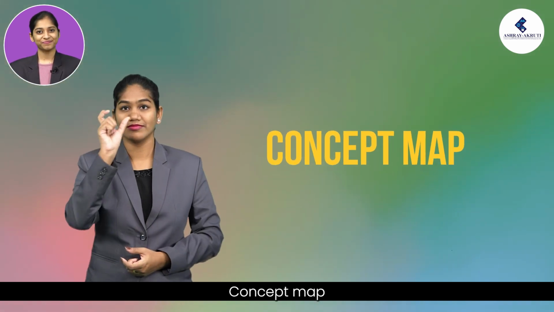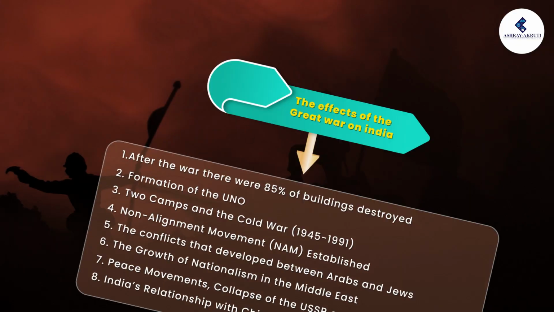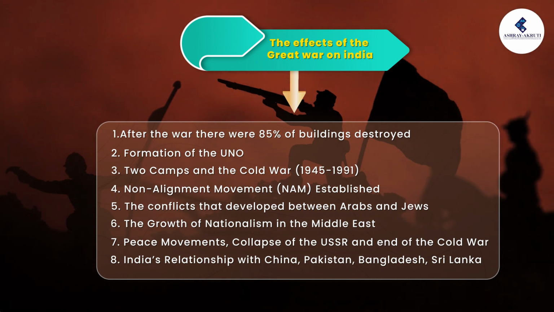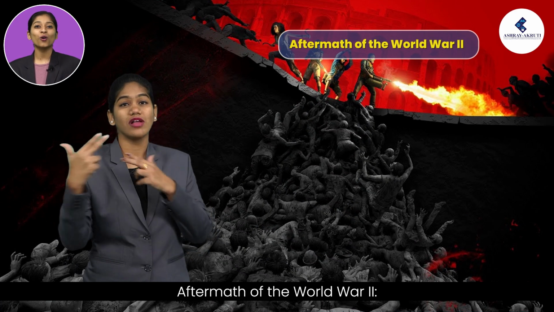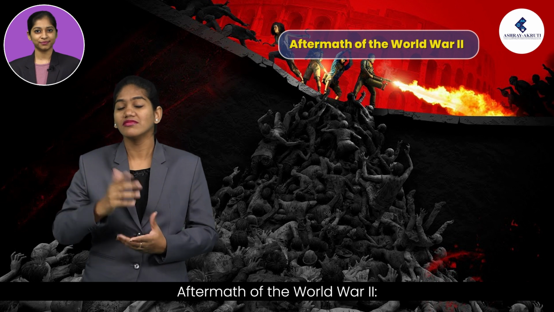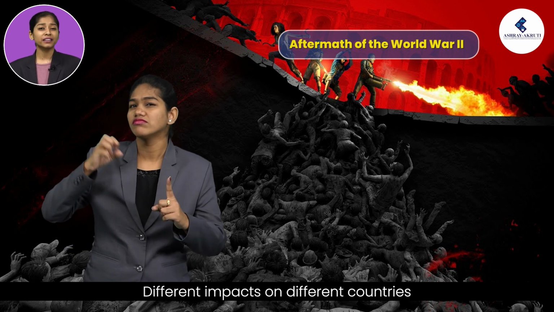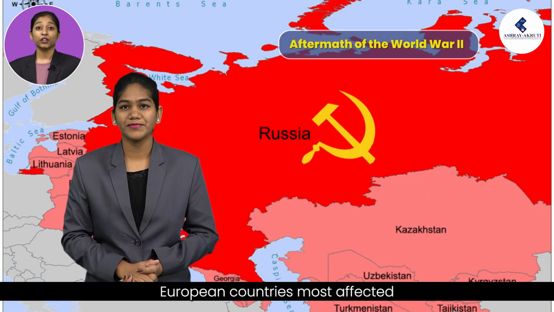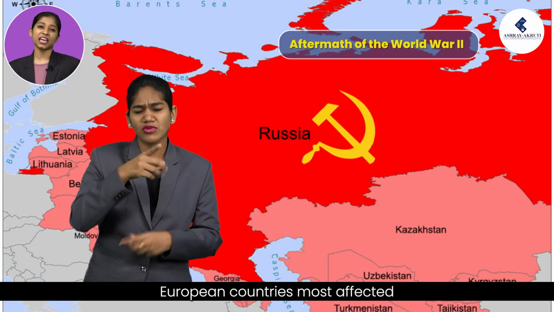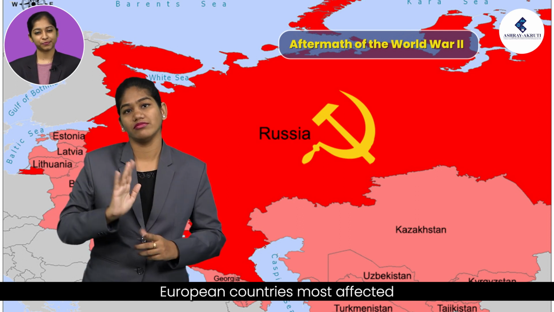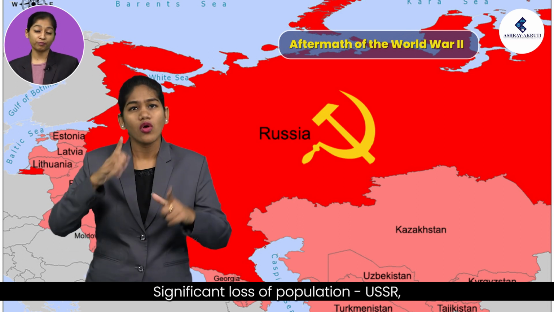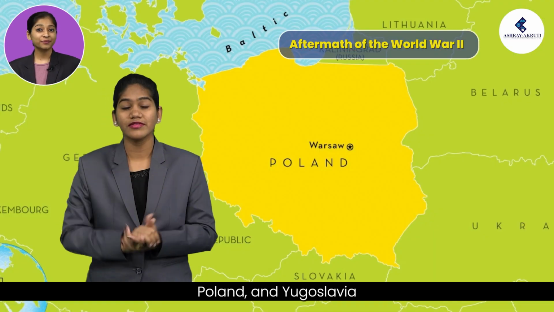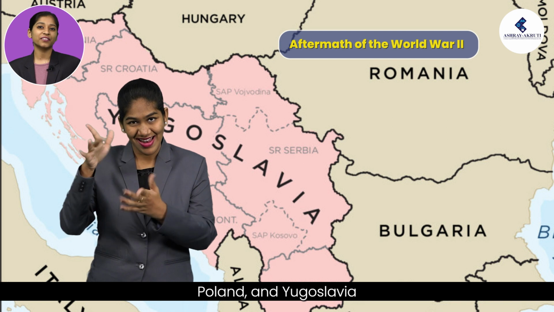Concept map. Aftermath of the World War II. Different impacts on different countries. European countries were most affected, with significant loss of population in the USSR, Poland and Yugoslavia.